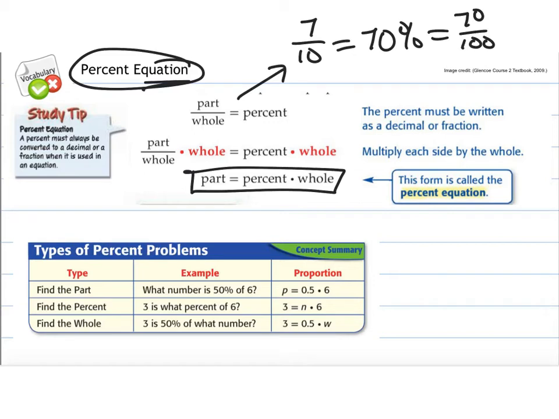What we need to remember, though, is a study tip here. Before, we just put our percent as a whole number over 100, but now we need to make sure that we change our percent to a decimal or a fraction. So we have to be mindful of those skills as we go. Here's a quick concept summary of how things look when I'm looking for the part of a number, the percent of the number, or the whole.